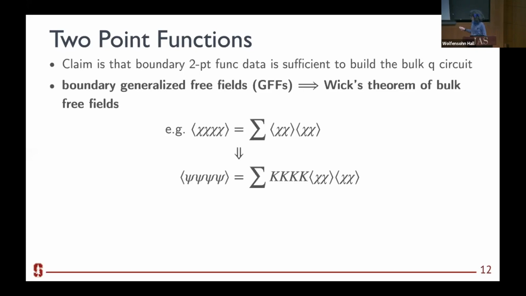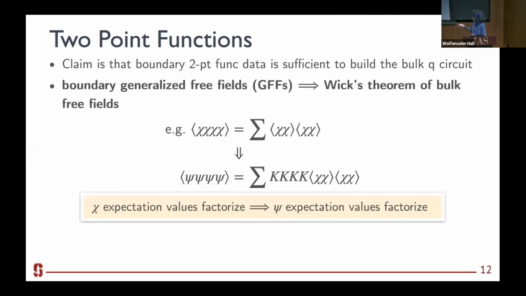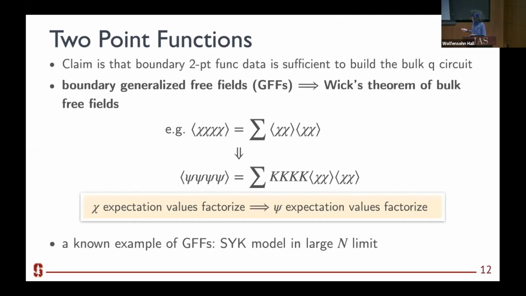So for example, if we have some boundary fields chi, and we're computing the 4-point function, it should be factorizable as a product of 2-point functions. And what this implies is that the corresponding bulk fields should also be factorizable. So we get Wick's theorem in the bulk as well. An interesting known example, which will be of relevance to us, is the SYK model in the large N limit.